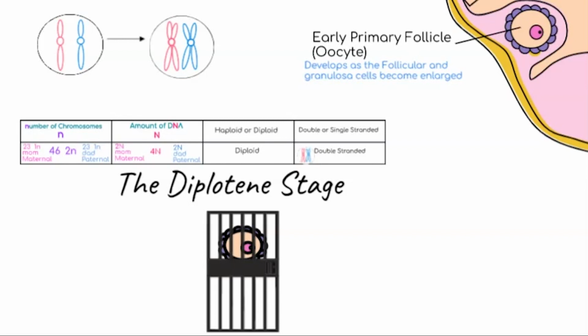Okay? And this is called the Diplotene Stage. All right? So before you were born as a female, all your primary oocytes have started their first meiotic division, and at birth, you have no more oogonia.